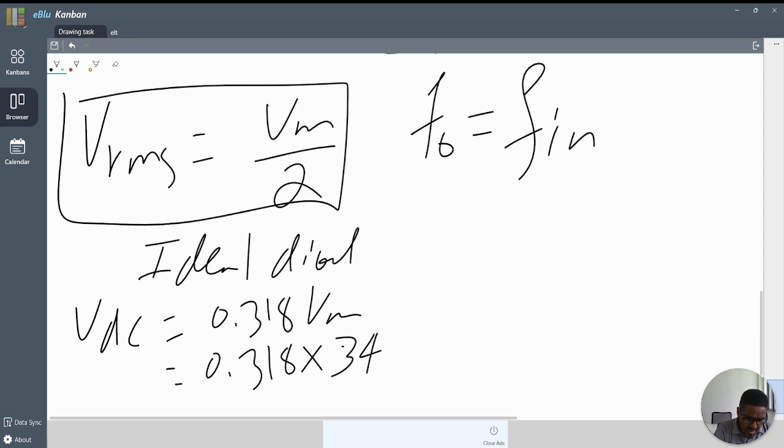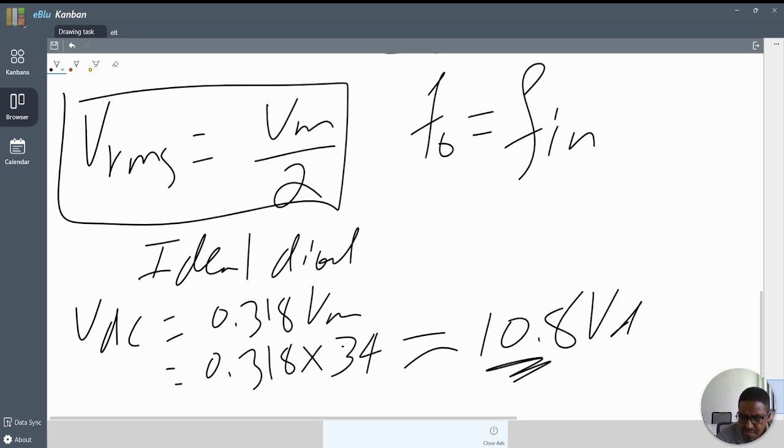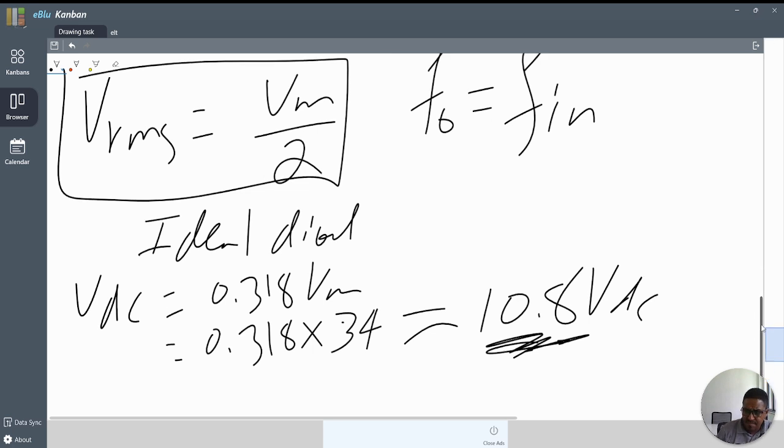This result is almost 10.8 VDC. In the resistor we get 10.8 volts DC.